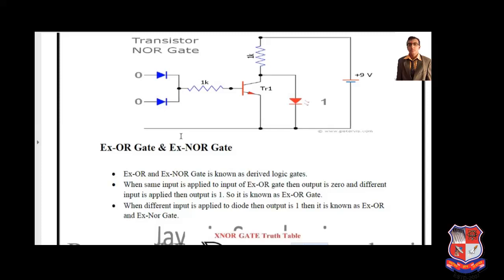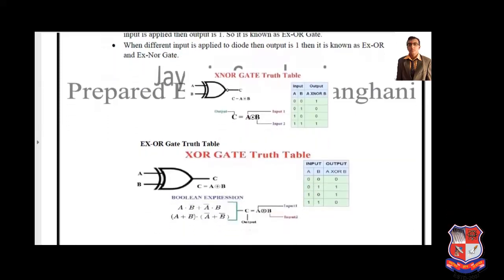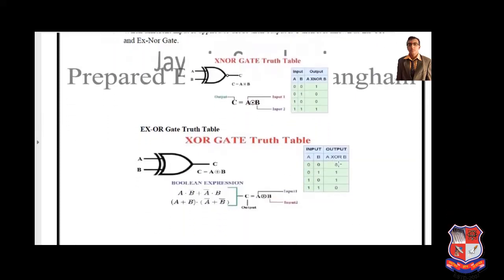If the same input is applied, see here 0 0, then output is 0, 1 1, then also output is 0. So when the same input is applied to the gate and the output is 0, it is known as XOR gate. If we apply different input, then output is 1. So it is known as XOR gate.